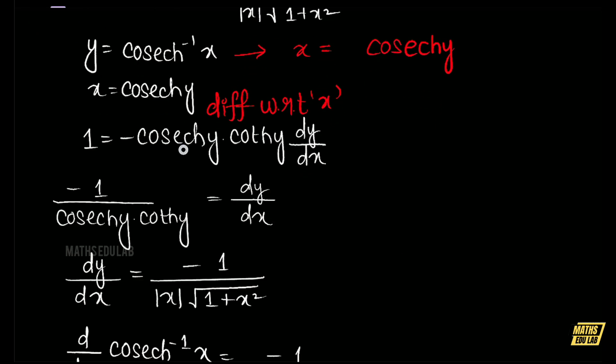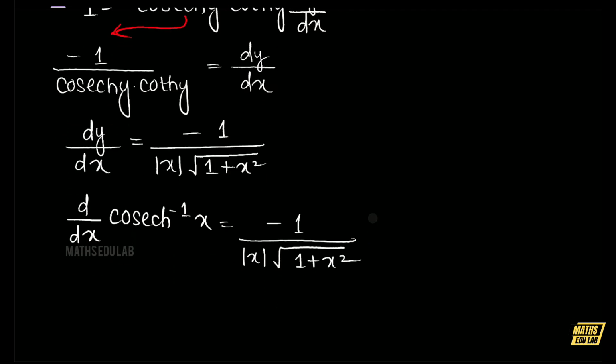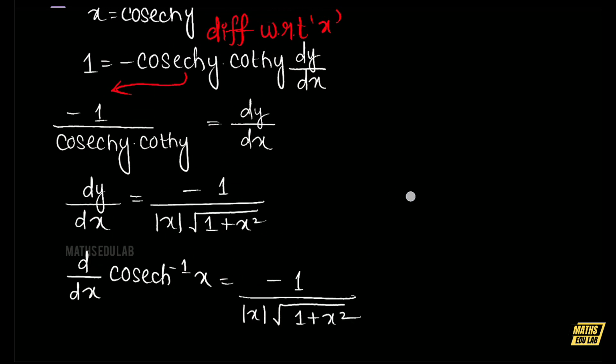Now on shifting this value to the other side, we get minus 1 upon cosech y into coth y is equal to dy by dx. In this step, again we have a formula, which is the first formula, coth square y minus cosech square y is equal to 1.